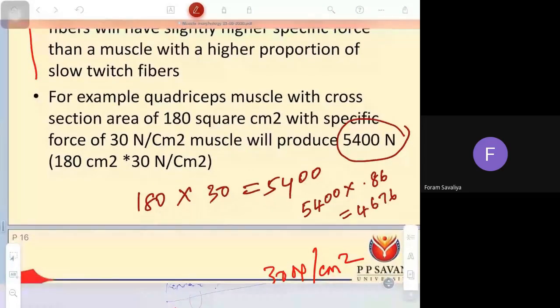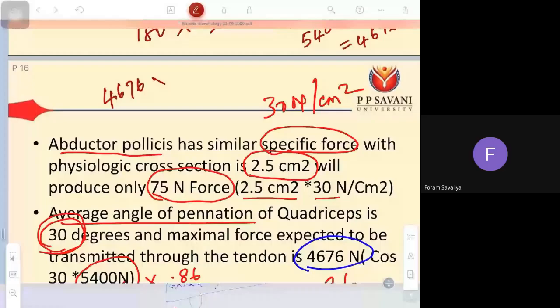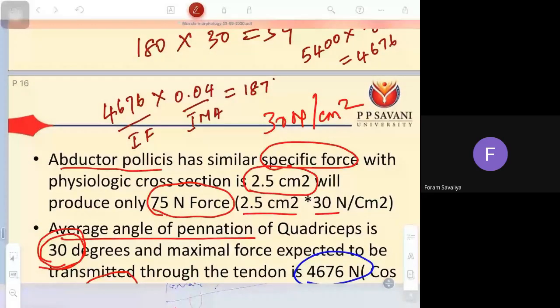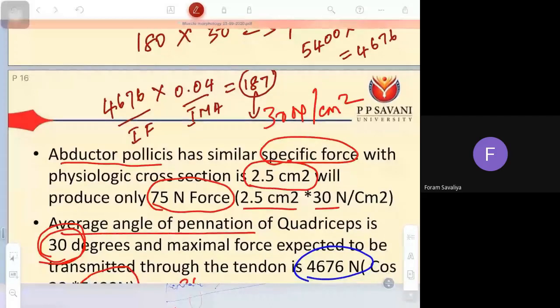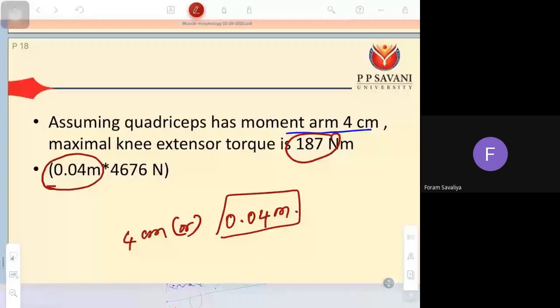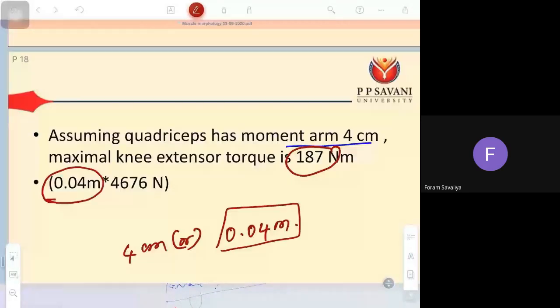This 4676 we multiplied into 0.04. This is the moment arm, and this is the internal force. We got the answer 187 newton meter, which is the force produced by the quadriceps muscle, and it is confirmed by the testing devices.